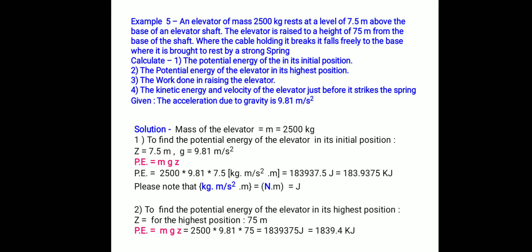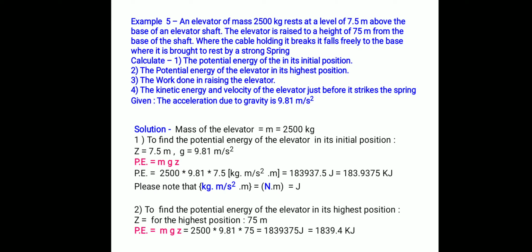For the second condition, the formula is the same, mass is the same, acceleration due to gravity is the same, only z changes, because the modified condition is the highest position, that is 75 meter. So put the value of z as 75 meter, and we get 1839375 joules, or 1839.4 kilojoules. So potential energies are calculated.